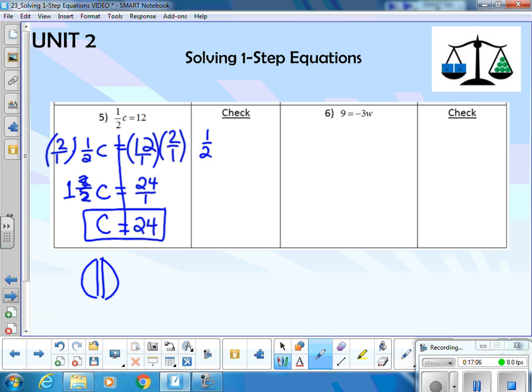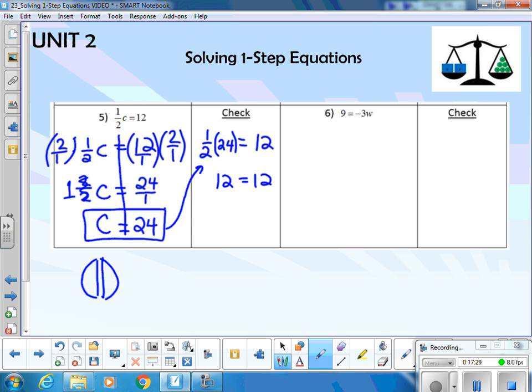So 1/2 of c equals 12. Well, if I get rid of c and I plug in the answer that I got, which was 24, they're saying half of 24. Well, half of 24 is 12.